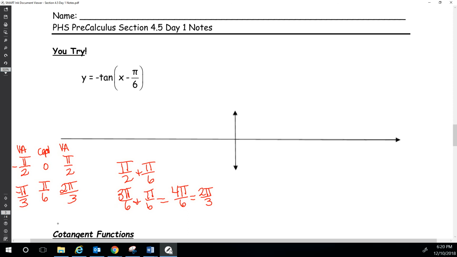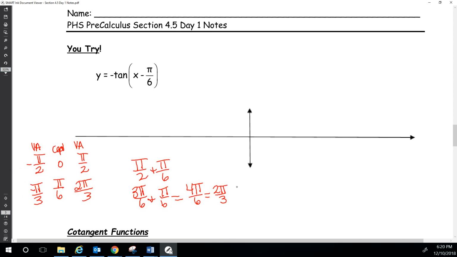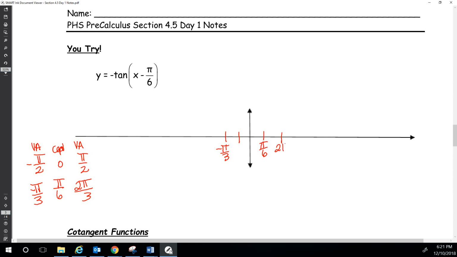All right, so we're going to start at negative pi over 3. Here's pi over 6. There's pi over 3. Negative pi over 3. This is going to be positive pi over 6. And then this will be pi over 3.